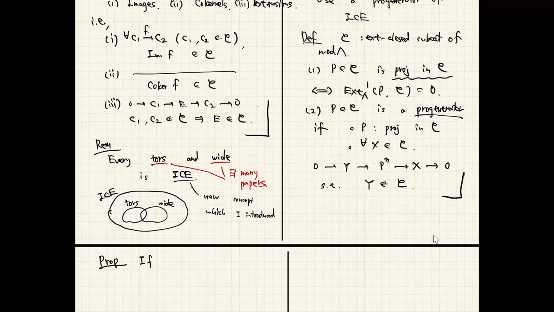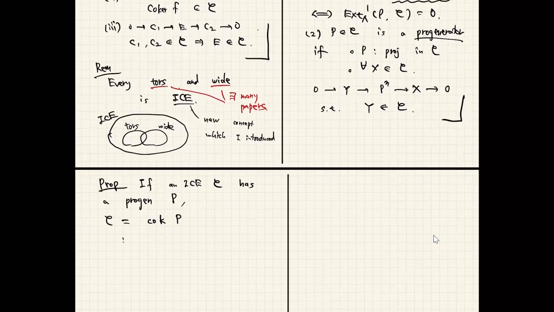If an ICE-closed subcategory C has a progenerator P, then C is equal to cok of P, which is defined as the subcategory of mod Lambda consisting of cokernels of maps between finite direct sums of P. So it consists of modules X such that there exists this kind of exact sequence.